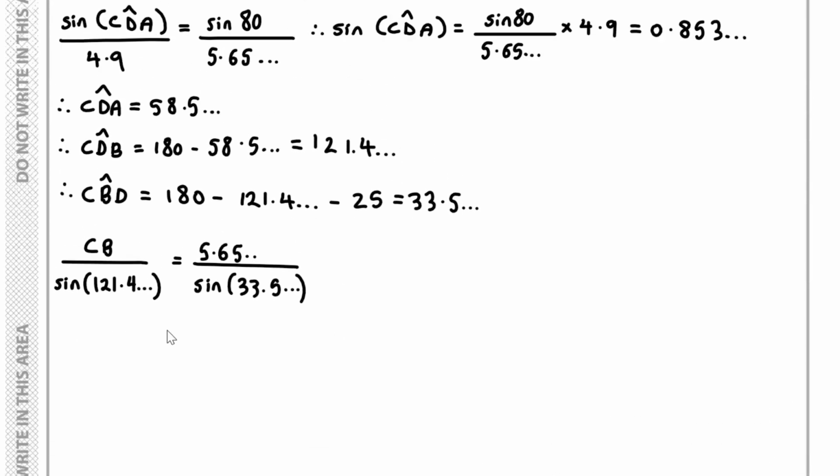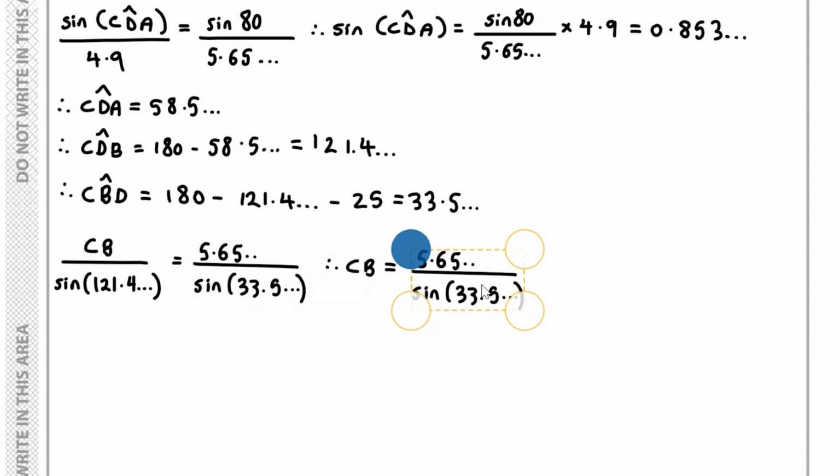Finding CB is quite easy. CB is equal to this, so let's just copy paste this here, multiplied by the sine of 121.4, etc.